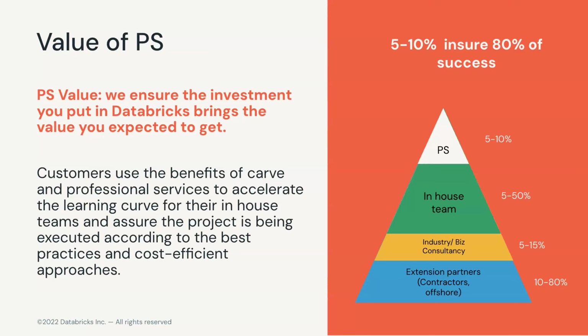We ensure that all the architectural decisions are validated and accommodate not only best practices in terms of Databricks development, but also the upcoming roadmap of features, right? So that we are not reinventing the wheel if in 2 or 3 months this feature will be available publicly for our customers.